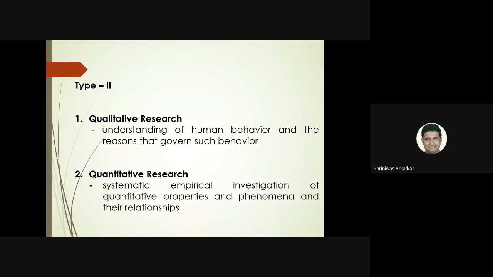Apart from that, there can also be quantitative research, where there is a systematic empirical investigation of quantitative properties. Here you will be dealing with variables which are continuously operating in the field, and they are very strongly correlated with each other.